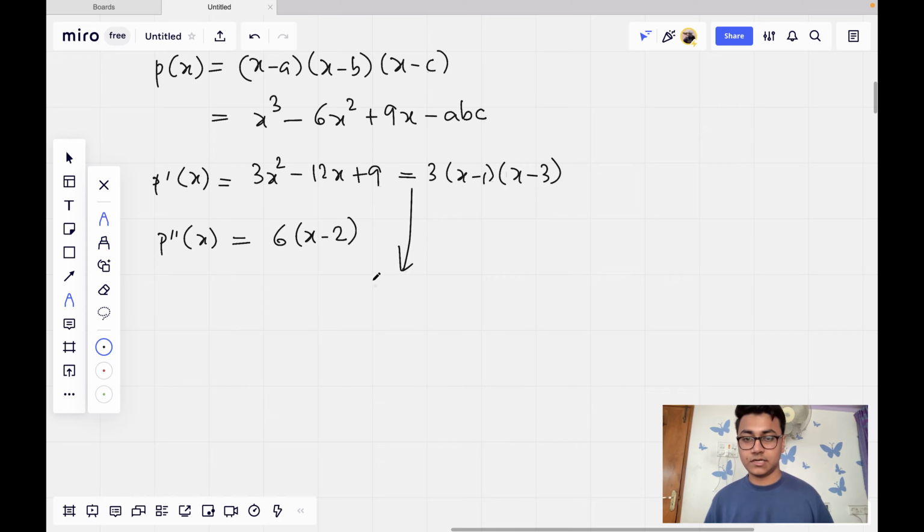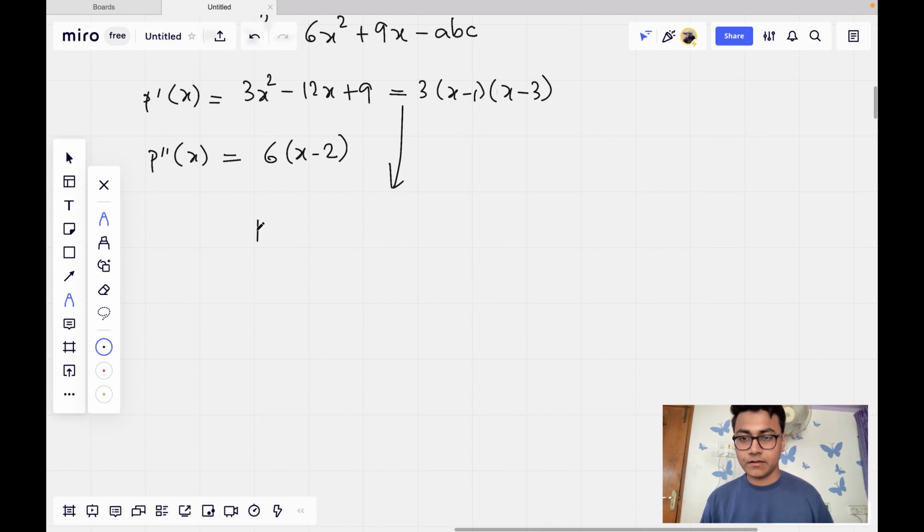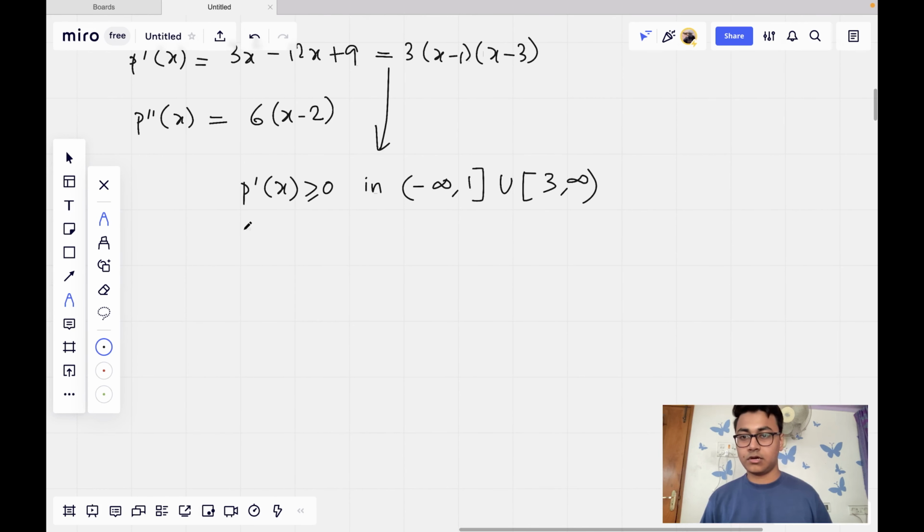P dash x is greater than or equal to 0 in the intervals minus infinity to 1, union 3 to infinity. So P dash x is greater than or equal to 0 in this portion of the real line, and P dash x is less than or equal to 0 in 1 comma 3.